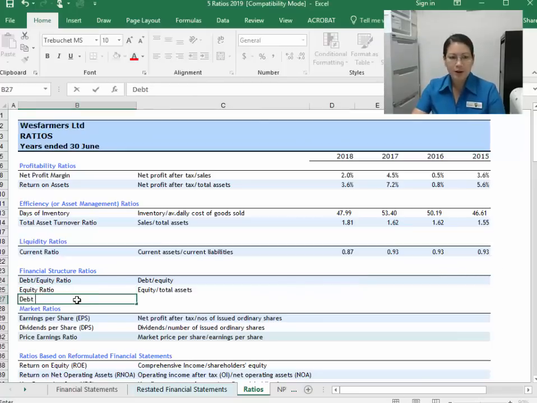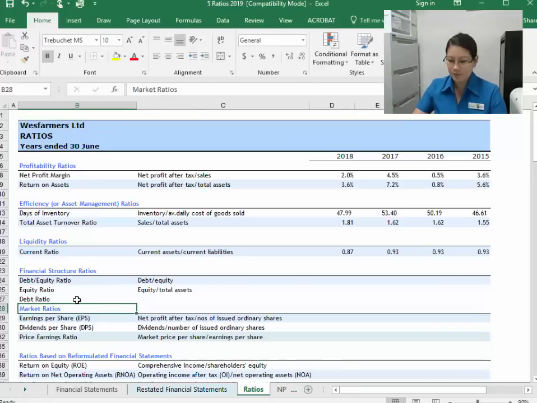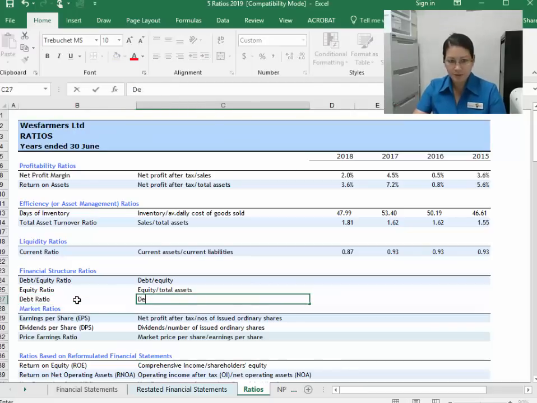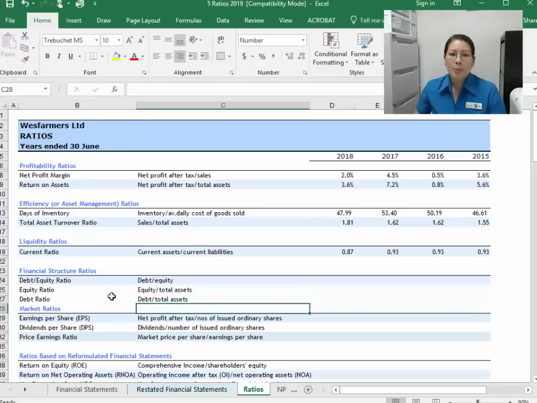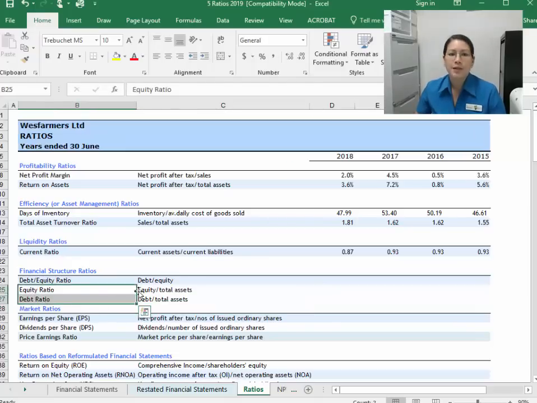If I was to put in a debt ratio here, which would simply be debt divided by total assets, these two would add to 100%. So it tells me what percentage is funded by the owners and what percentage is funded by outsiders, such as banks. The debt equity ratio compares one to the other. So for every dollar of equity, how much is an outsider putting in? That's what the debt equity ratio is.